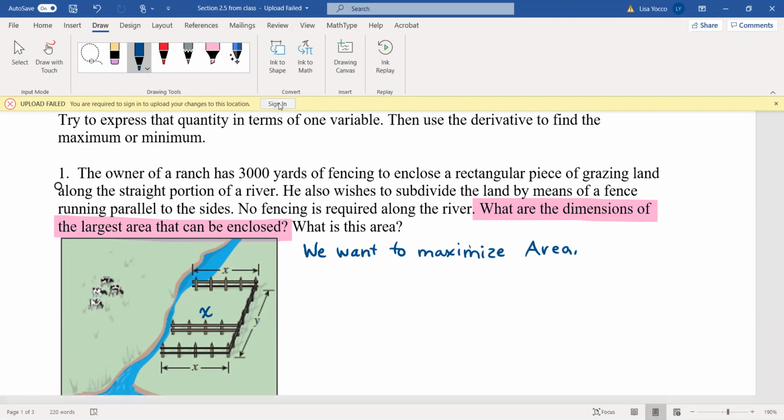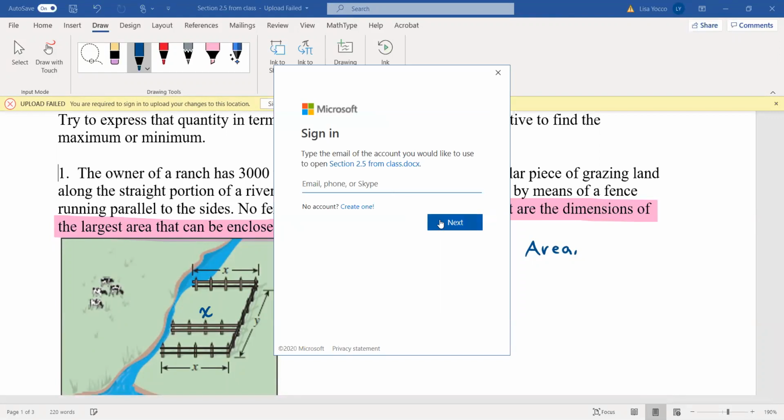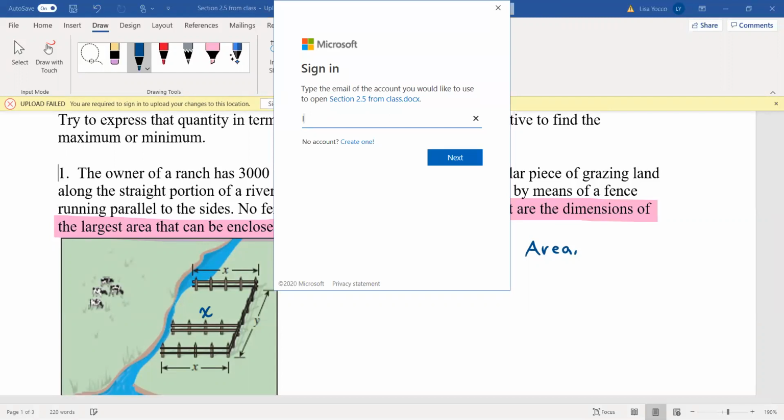why I said, it's asking me to sign into something. Oh, sorry, hold on. I want to be able to save this. Gmail.